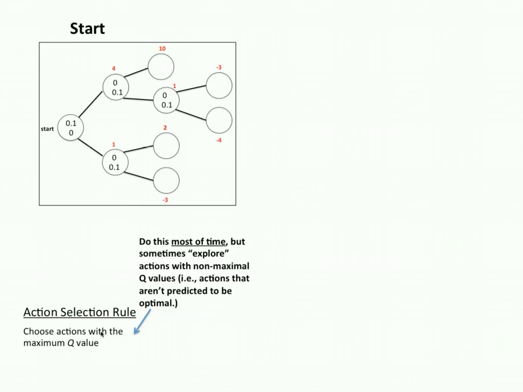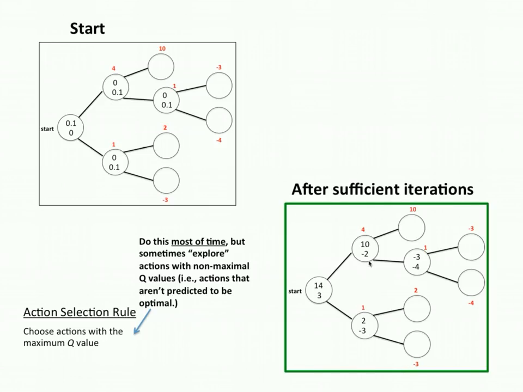We chose actions with the maximum Q value most of the time, but sometimes we explore actions with non-maximal Q values. If we did that, then we would sometimes go down to this lower part of the state space. We would learn about it, apply the TD update, the temporal difference updating rules, and then after a sufficient number of iterations, we would get the complete true Q values for the entirety of the state space.